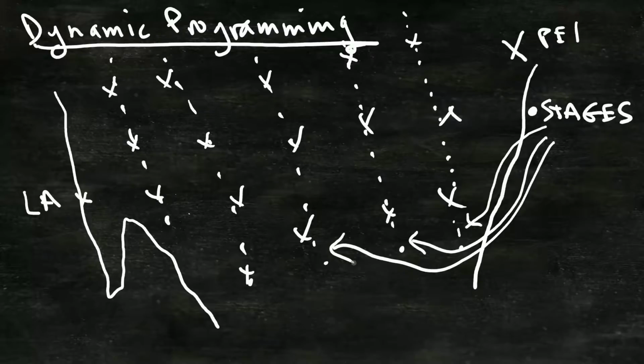So now we're at the last stage, and we don't know which is the optimal city to have gone through. But we do know one thing, that once he lands up at each of these stages, there is only one way to go, and that is to fly to LA. That is the optimal thing to do. It's not the optimal thing, it's the only thing that he can do once he's there.